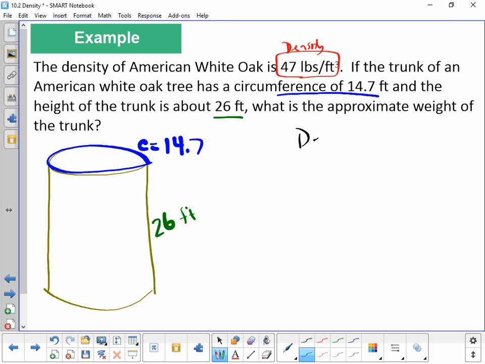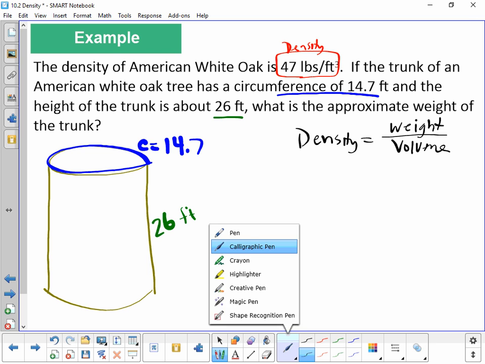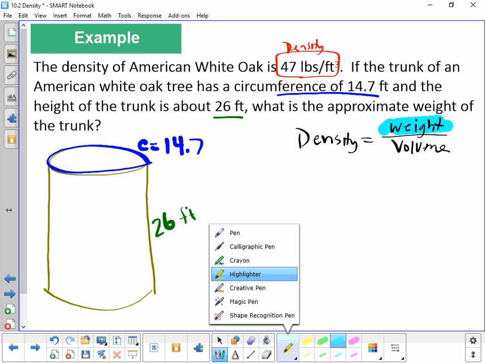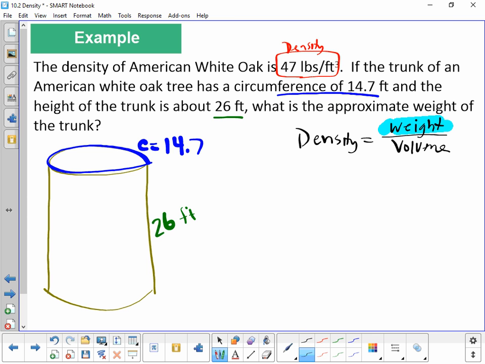So we have this formula for density. We know that the density is always equal to the how much or the weight or the mass divided by the volume. Well, in this case, the thing that we want to know is the weight. So we can use the density and the volume to figure that out. So it looks to me like we are definitely going to have to know what the volume of this shape is.